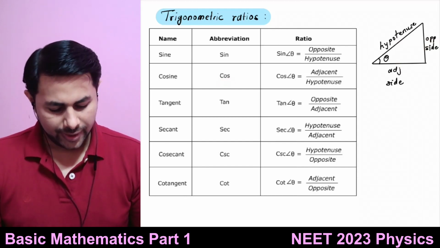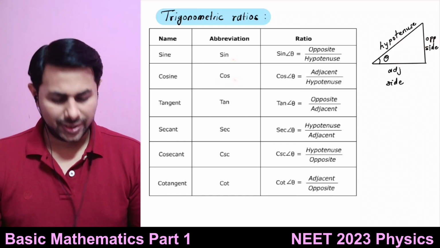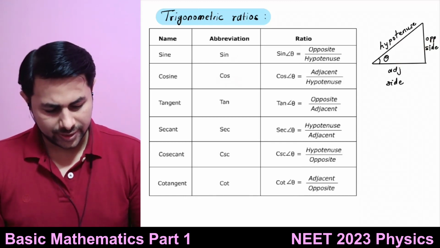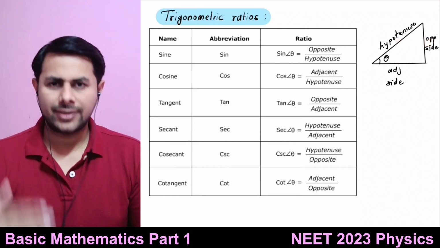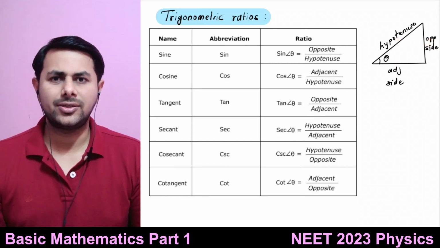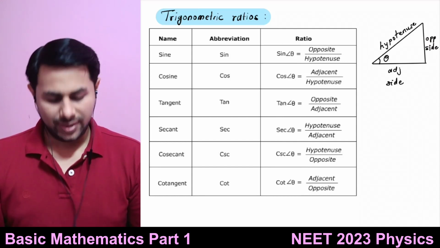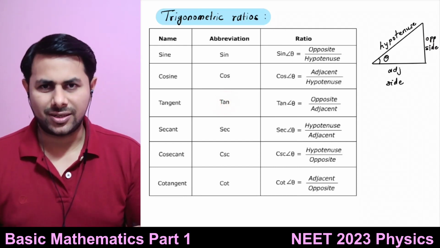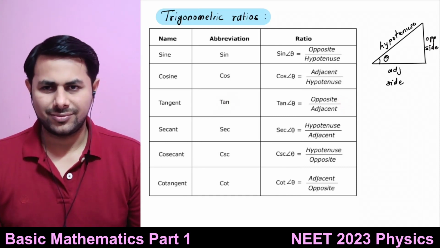After that, the ratio of sine to cos: opposite side upon hypotenuse is sine, and adjacent side divided by hypotenuse is cos. If I divide sine by cos, I get tan. On the right hand side, the hypotenuse gets cancelled, and I get opposite side divided by adjacent side.